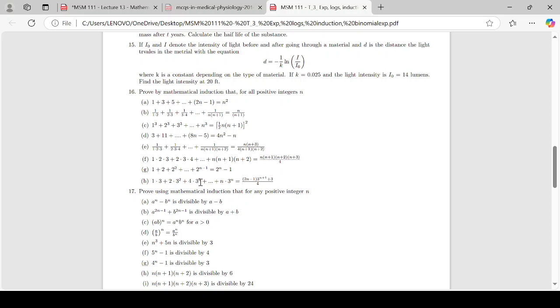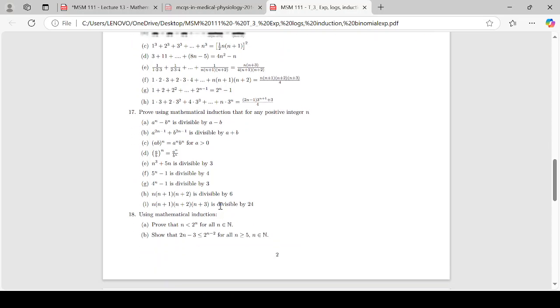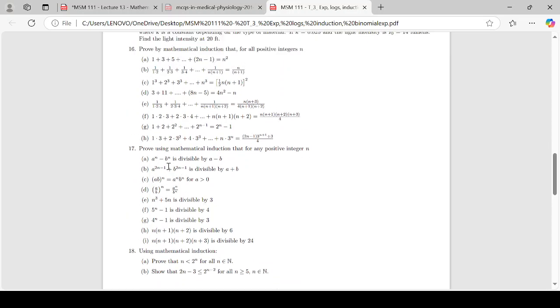So under mathematical induction, we're now remaining with what we do with division. We're now going to learn how to answer questions under divisions. You should be able to answer these. That would be mathematical induction part 5.